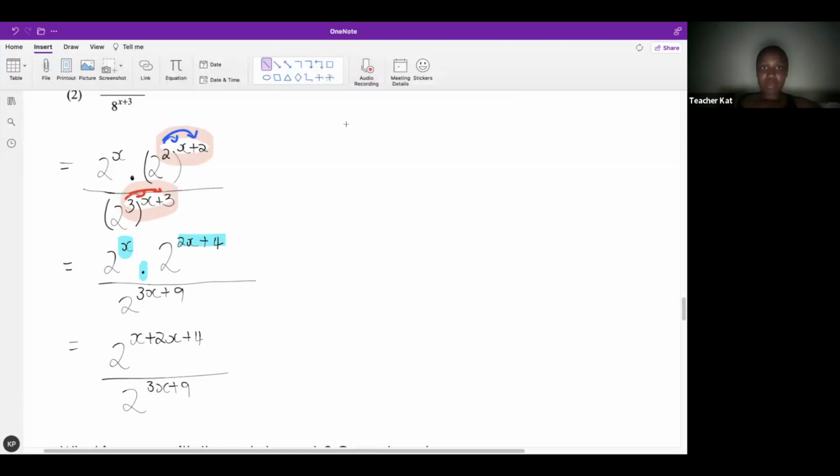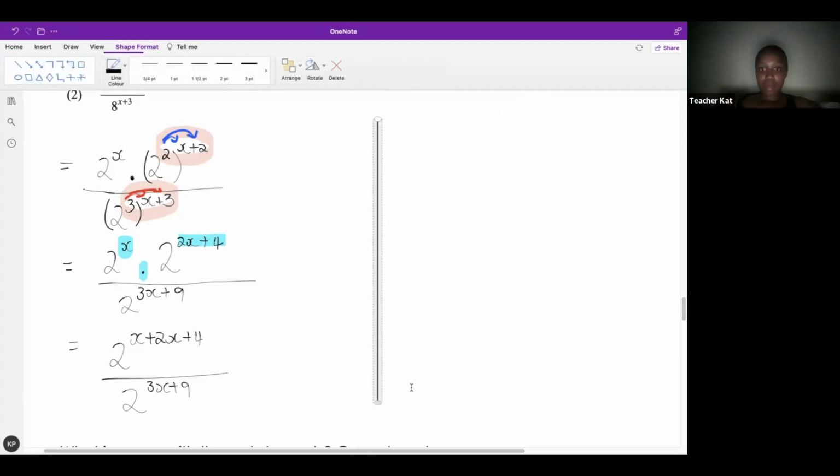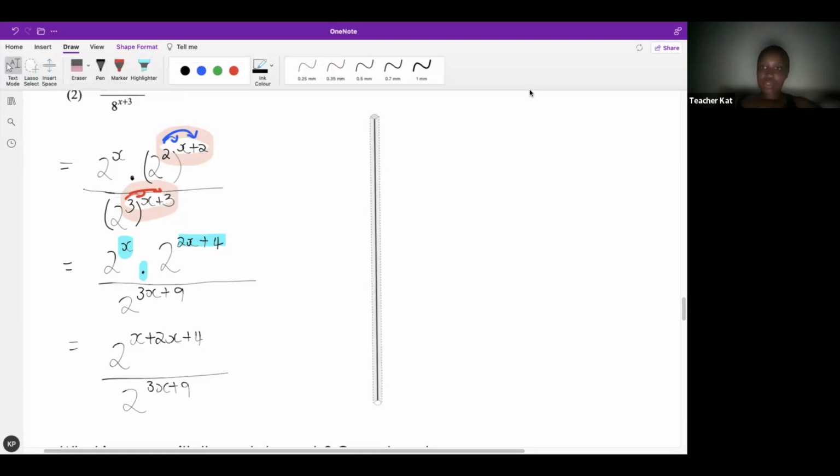And what's x plus 2x plus 4? Nice. So it's going to be 2 to the power of 3x plus 4 in the numerator over 2 to the power of 3x plus 9.